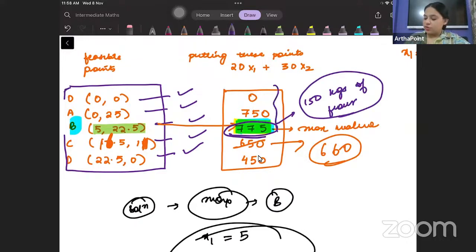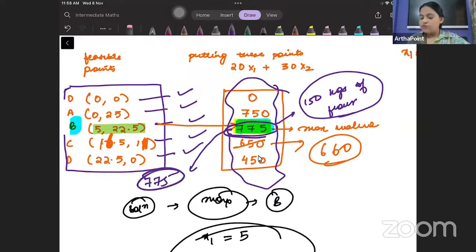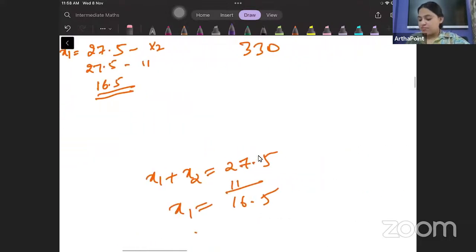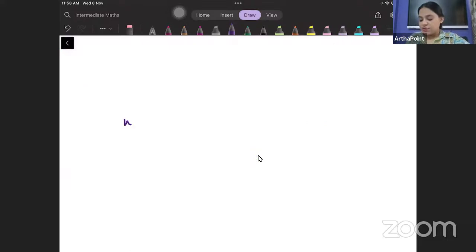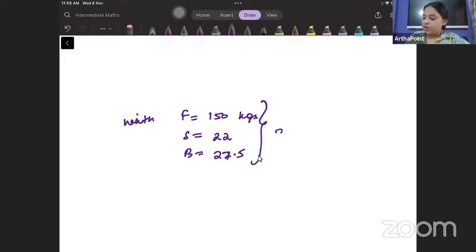So the maximum value, I can say that with flour as 150 kgs, sugar as 22, and butter as 27.5, the maximum profit you were generating was 775.